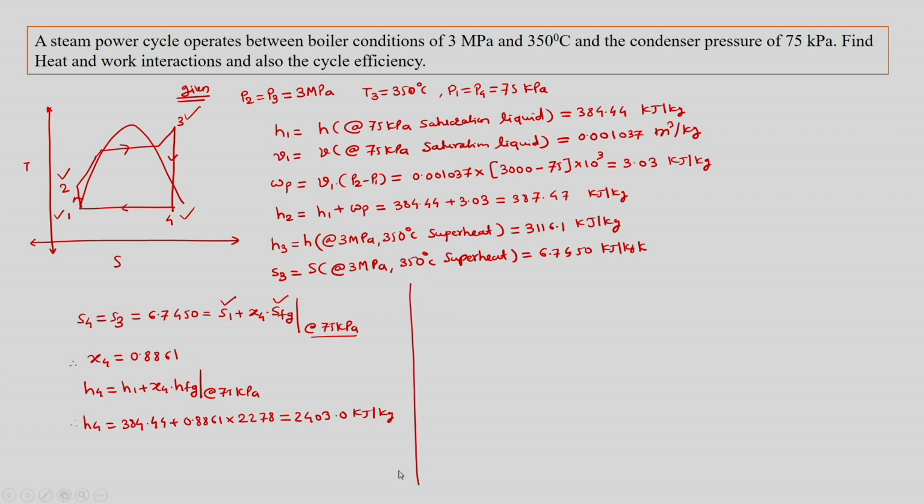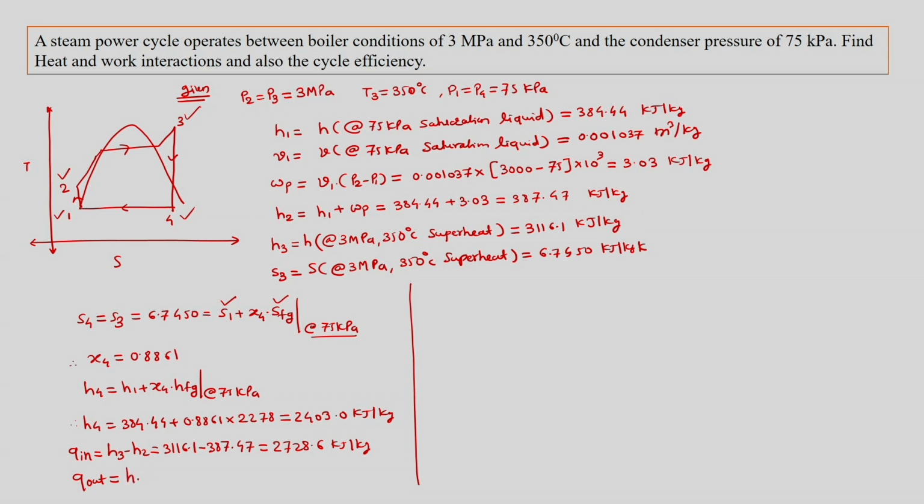Now we can find out what is Q in, what is Q out. So Q in is equal to H3 minus H2, and H3 is 3116.1, H2 is 387.47, and this gives us Q in as 2728.6 kilojoule per kg.